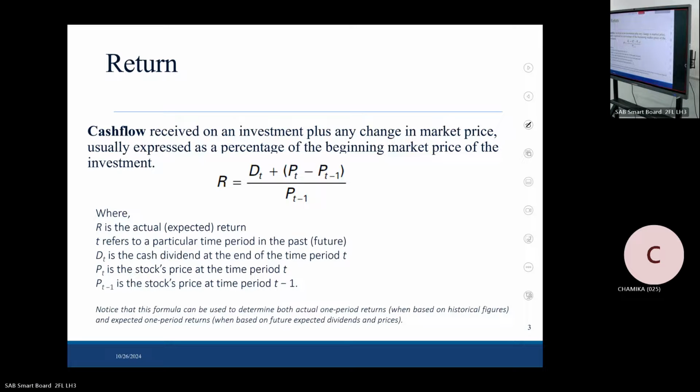No. What is the difference? Are they the same, this return and profit?